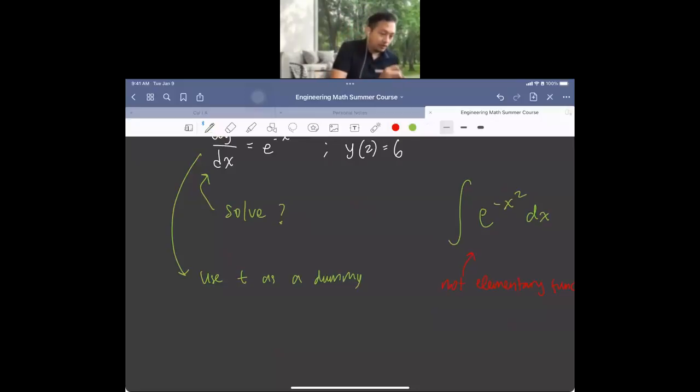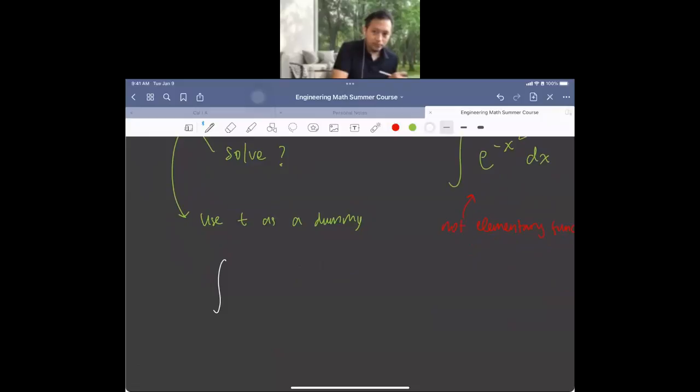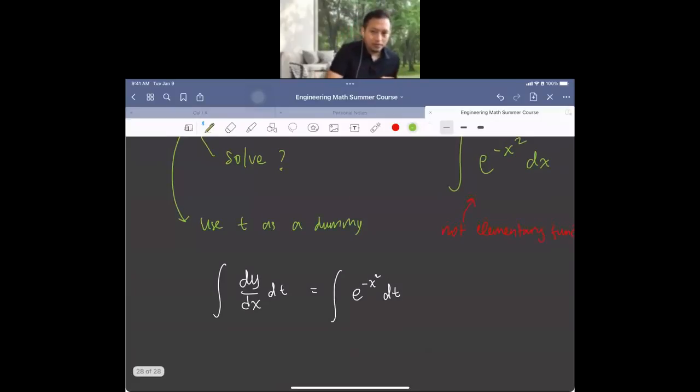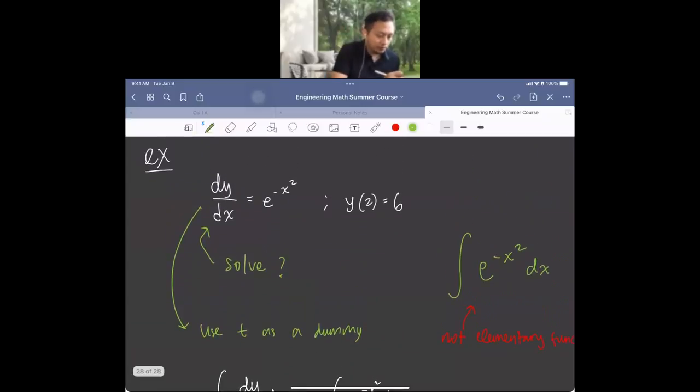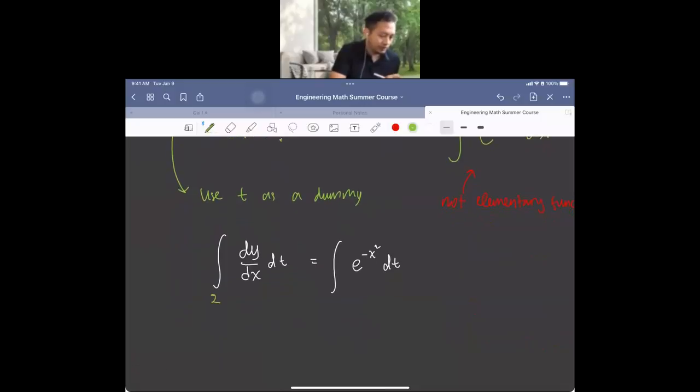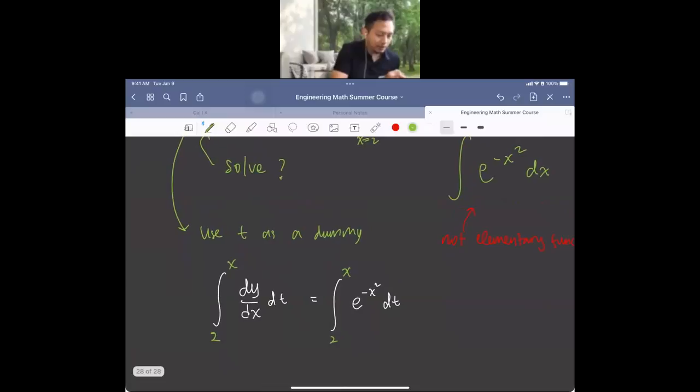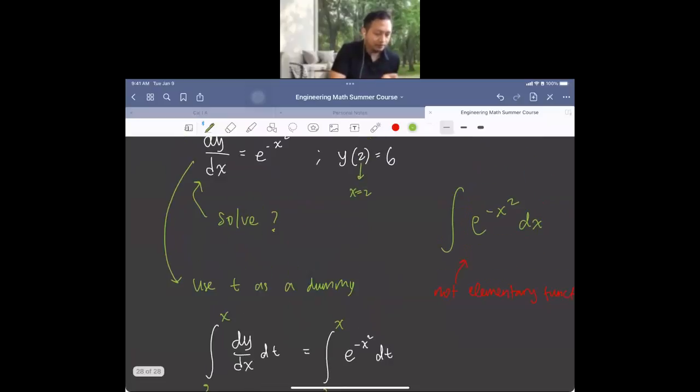So we integrate dy/dx with respect to t, and the right side also with respect to t. Since we are going to use x equal 2, let's integrate from 2 to some x, so that it makes sense for some x.